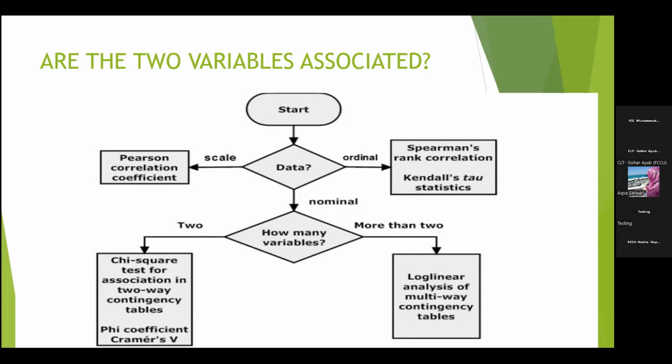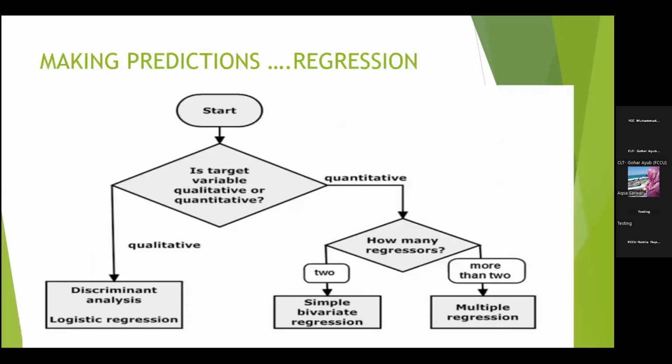The next type is prediction, meaning regression. This is very important. Many researchers use regression, but they don't know how to use it. First of all, we discuss whether the target variable is quantitative or qualitative. If it is qualitative, then go for discriminant analysis or apply logistic regression.